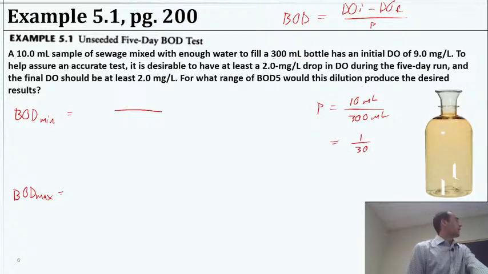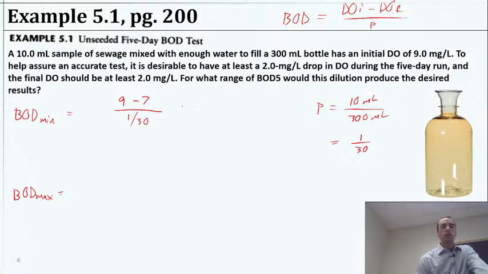Okay, so for our system here, the minimum BOD is going to be the least impact. We were told we have to have a change of at least 2 milligrams per liter, right? So we know our initial is 9, and we could write this one of two ways. We could say whatever up here leaves us with 2 is our minimum. So 9 minus 7 divided by 1/30.